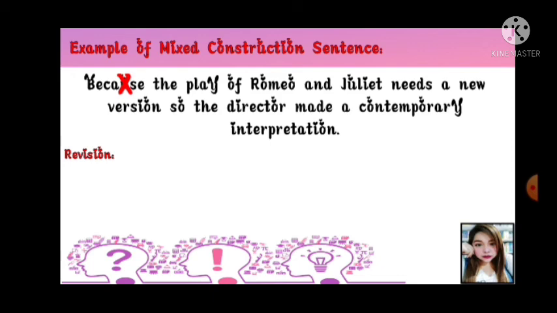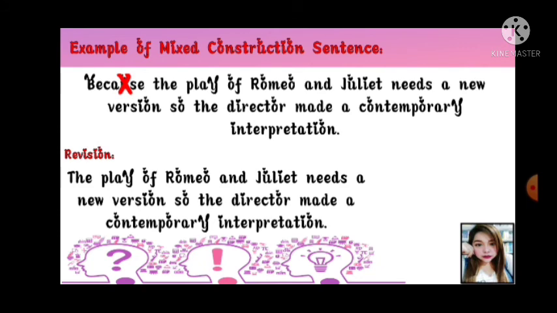So we have here the subordinating conjunction because. It must be, the play of Romeo and Juliet needs a new version, so the director made a contemporary interpretation. So you're just going to remove the word because. So make it a main clause, and then it is followed by another clause that starts with the coordinating conjunction so.